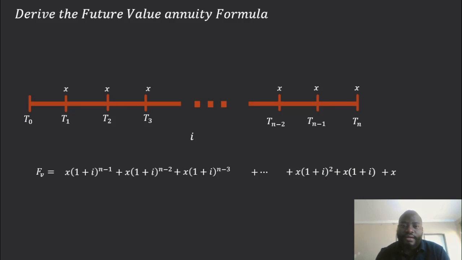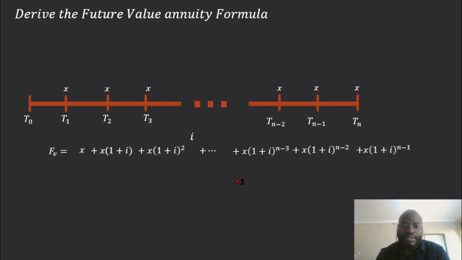Now, I want to rearrange these terms so that they are in the form of a geometric pattern. It is a geometric pattern, but I wanted it starting with the x. So let's put them like this. Now we see that this looks like a geometric pattern.